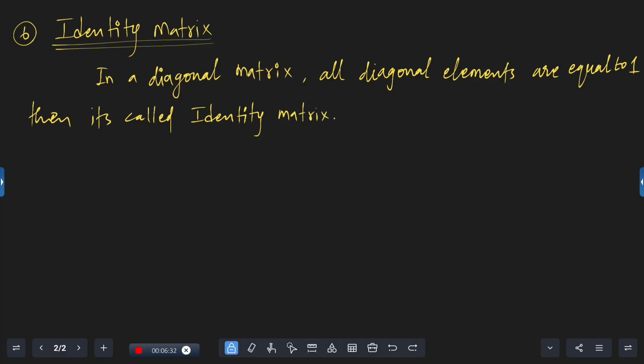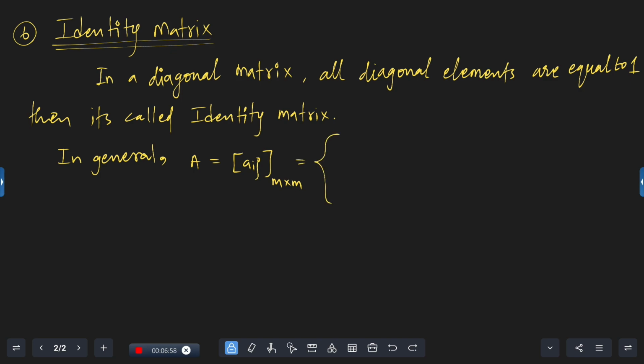Okay. In general, matrix A equal to Aij. A square matrix means m by m will be coming.